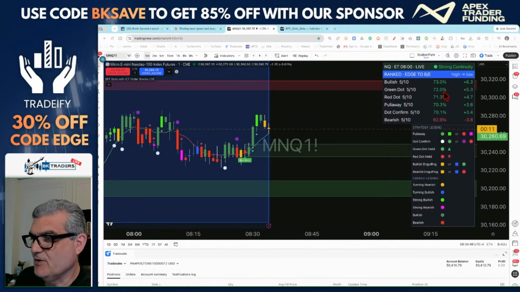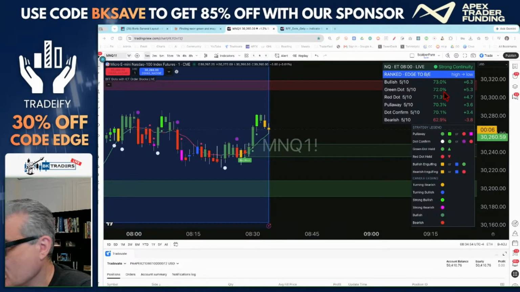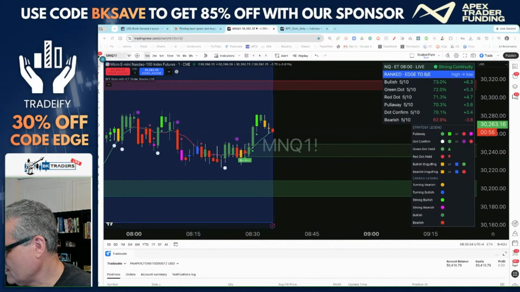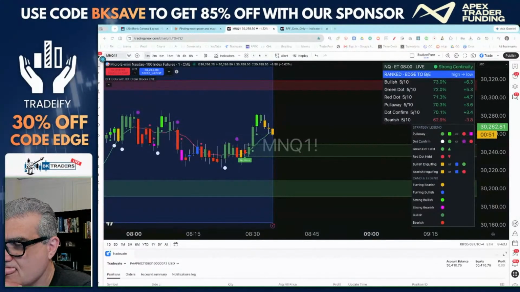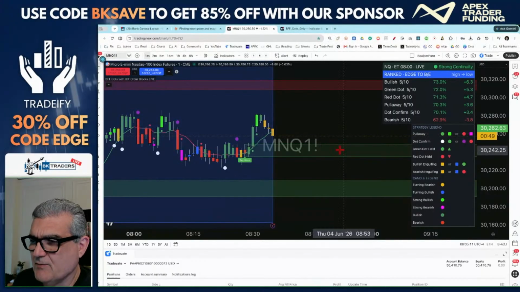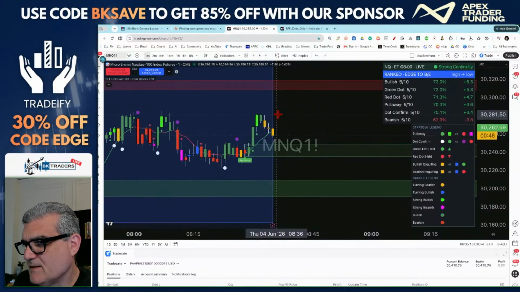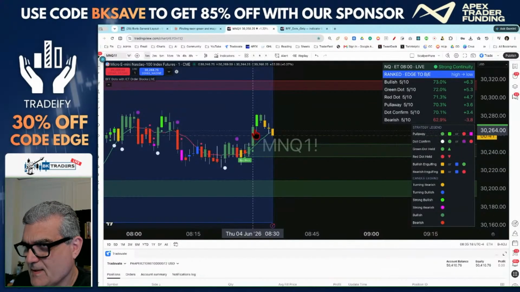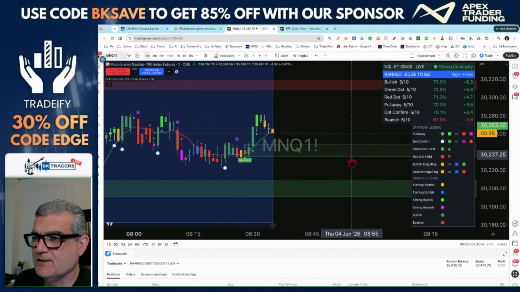And given that the edges are all pretty good this hour, let's just try to trade that and see how it goes. Because almost all of them would have worked. Trying to figure out if this one would have worked. The pull away would not have worked.